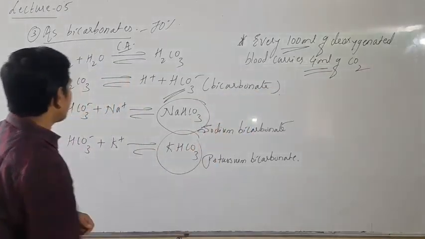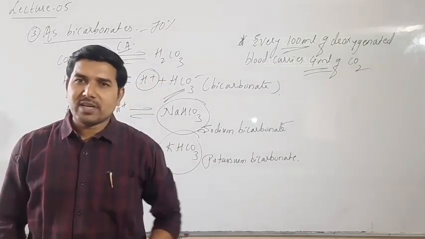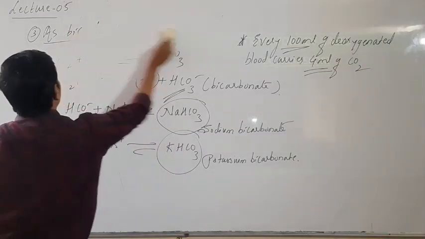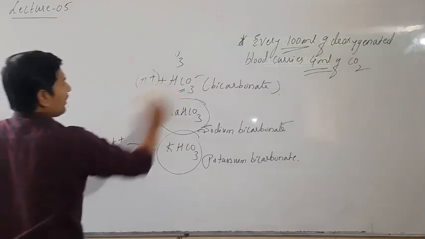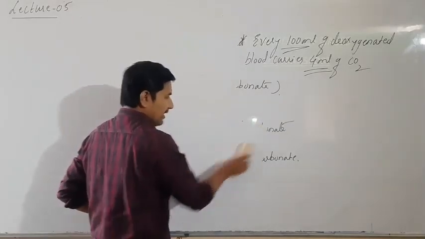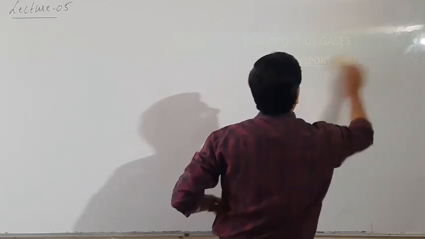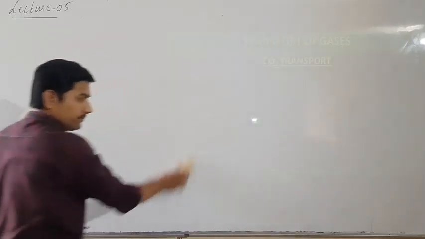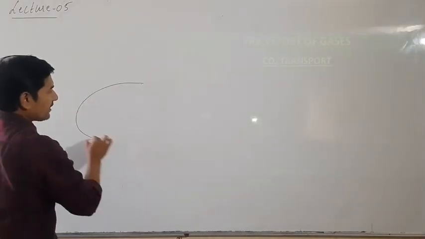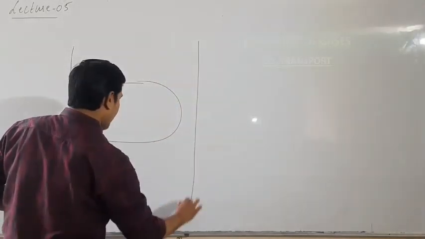Now the question comes, what is the fate of H plus ions as H plus ions are produced? Let's see. In the tissues, when carbon dioxide is released, it combines with water. Suppose we take this as the surface of RBCs, and here we have the blood capillary.